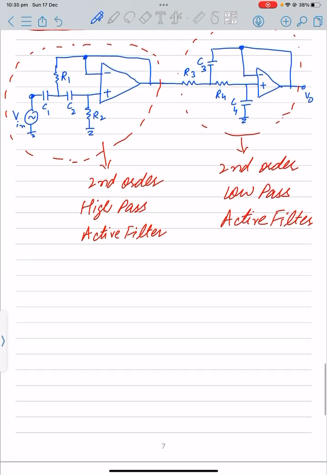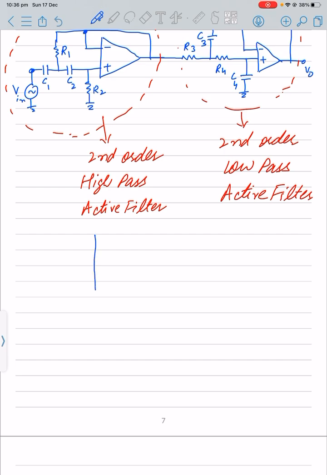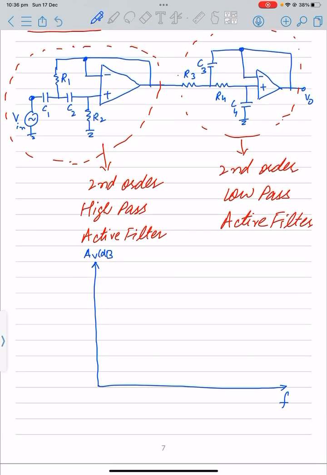Now the frequency response for this particular circuit: at the first stage we have a high pass, so the high pass will first block some of the frequencies, and then allow some of the frequencies to pass through it, and then we have a low pass filter.